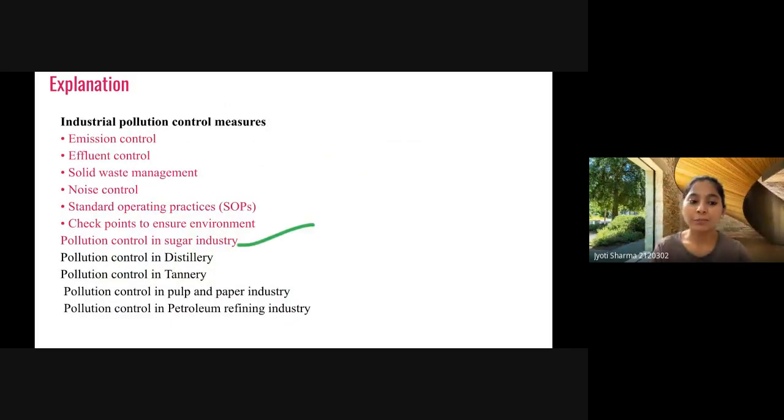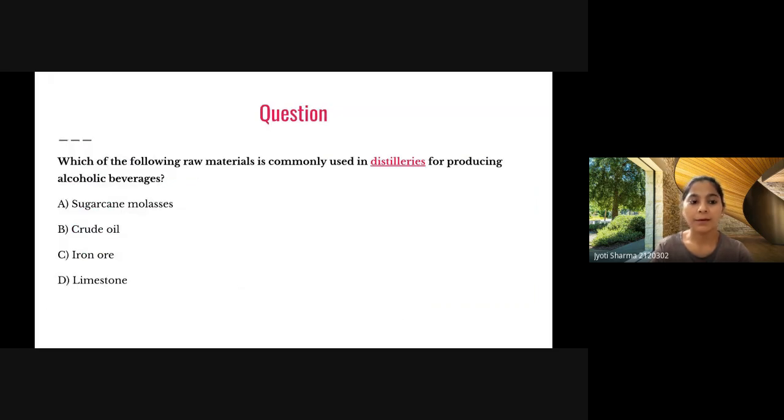Now we are moving to distilleries. So we have the next industry, known as the distillery industry. Now most of the questions will be based on this one. Okay. Which of the following raw materials is commonly used in distilleries for producing alcoholic beverages?